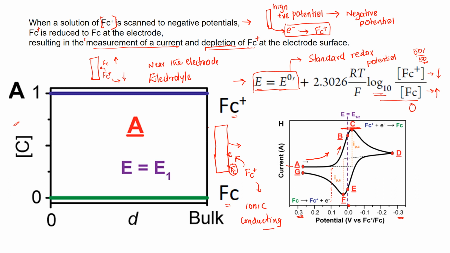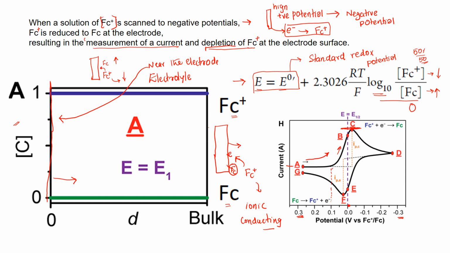Near the electrode means somewhere here. This is the point near the electrode. This is where the electrode is present, and the distance from the electrode is measured in this way.